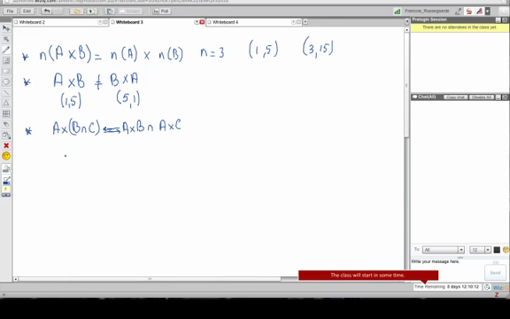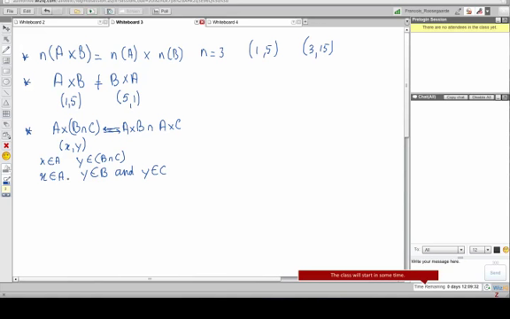We start with the first one: if I have A multiplied by (B intersect C), then I am talking about pairs (x, y), where x is an element of A and y an element of the intersection of B and C, which means that x is an element of A and y is an element of B and C.